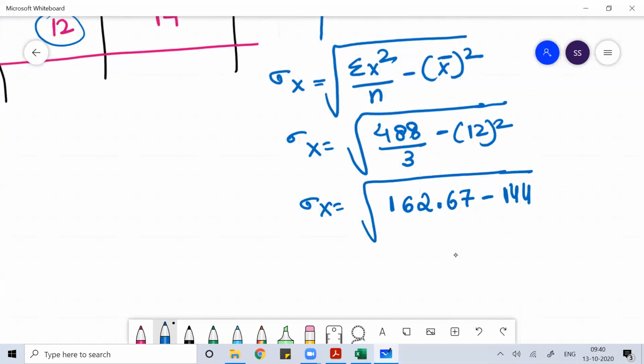So the standard deviation on x you get is how much? This is 18.67. Then this is 8, and then this is 5 minus 4, 1. Okay. So 8 root of 18.67. You can do this, the root of 18.67.